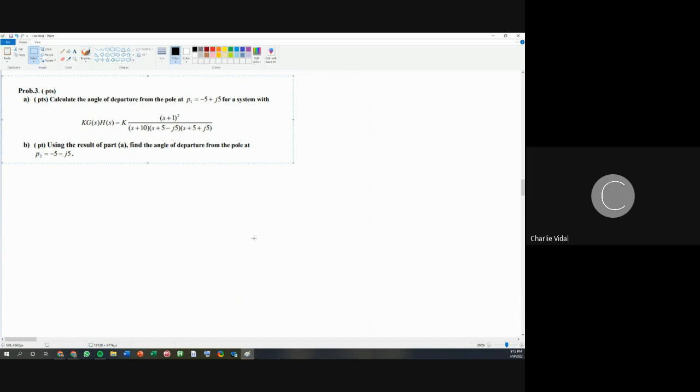If you just try to solve this problem, you'd be in for a hell of a time, honestly, because this is a very long problem, but you only have to do literally one step. So let's do that one step. And this will give you a little bit more practice with angle of departure. So we're doing problem A.